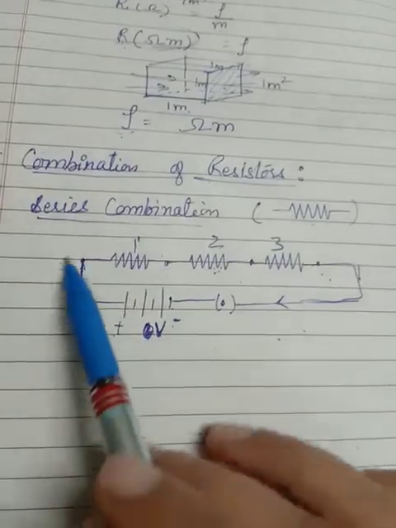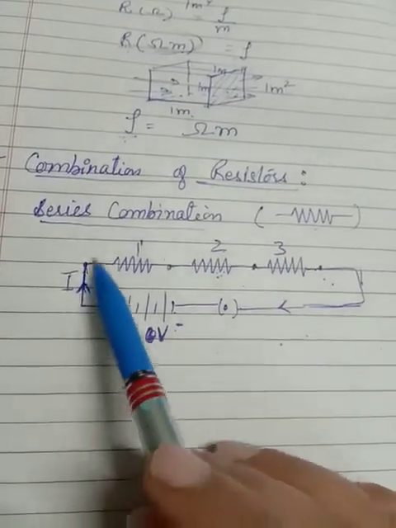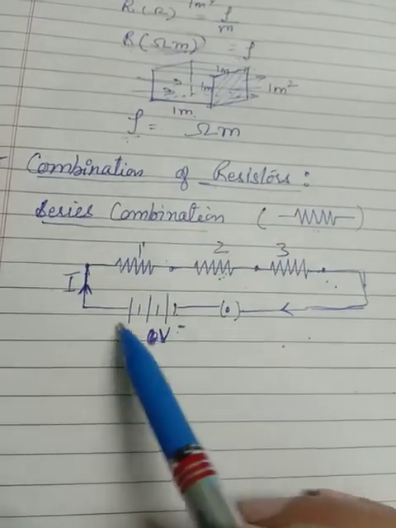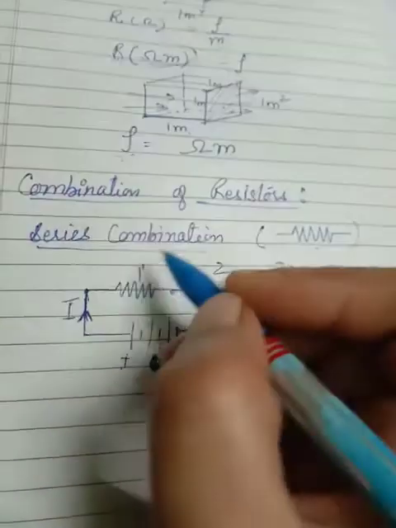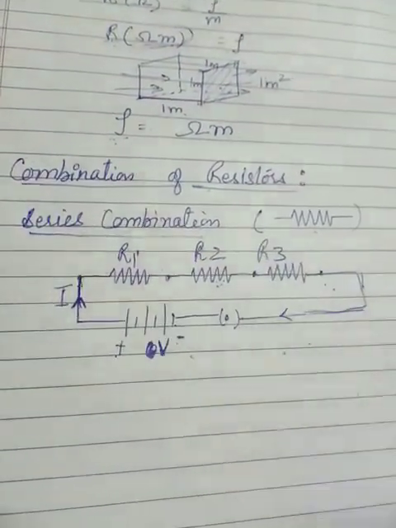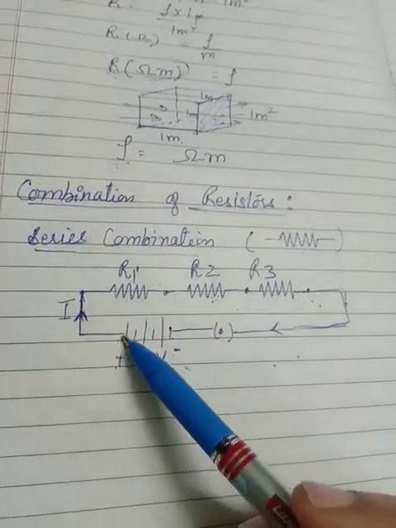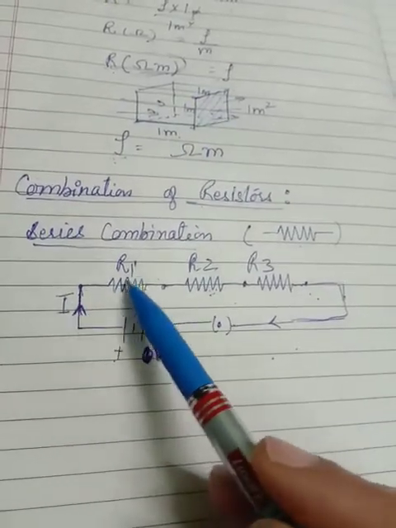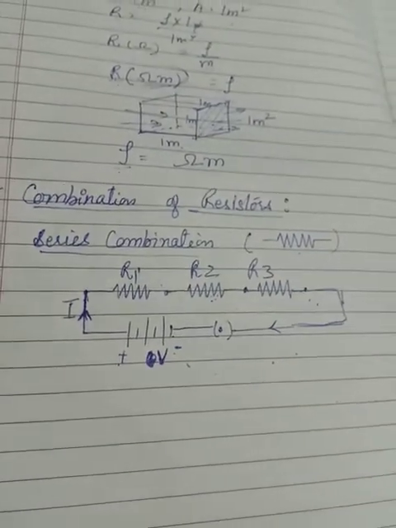So in this type of combination, the current is constant throughout the circuit because current has no other path to leave. So this is resistor 1, R1, R2, R3 and so on. Whatever current is starting from the battery, the same current goes through R1, then R2, then R3. So current is the same.